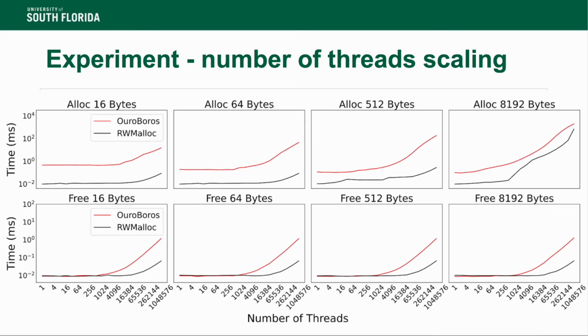And here's the performance of RW malloc versus Ouroboros when scaling the number of threads.